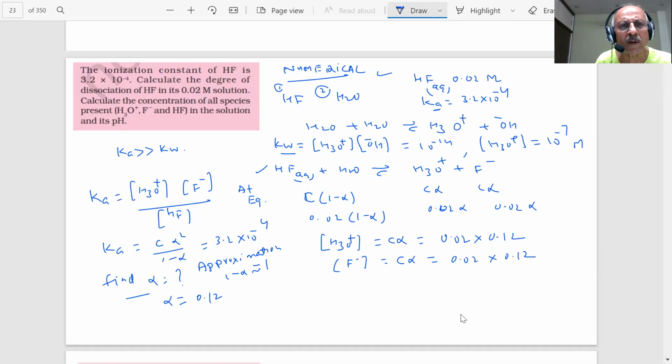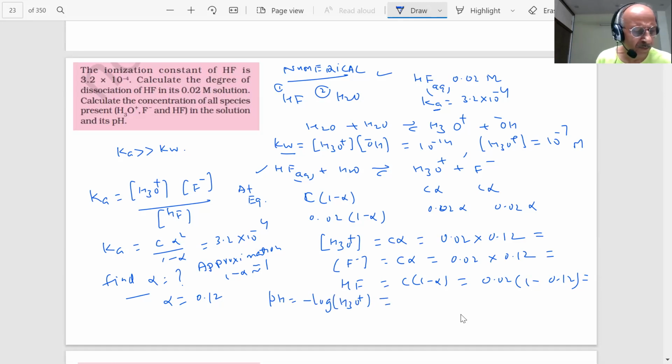What else do you want to find out? What will be HF? C into 1 minus alpha, 1 minus 0.12. And then what will be the pH? Minus log H3O plus.